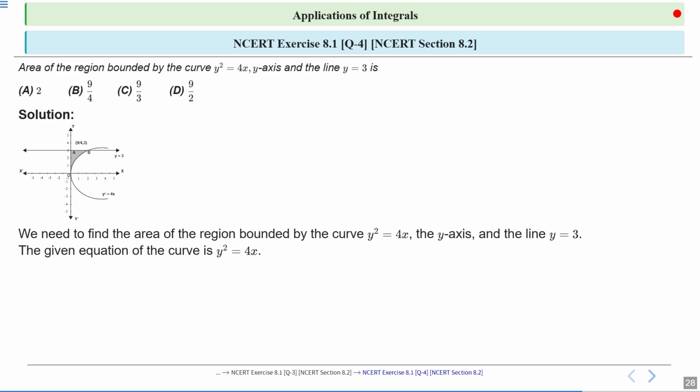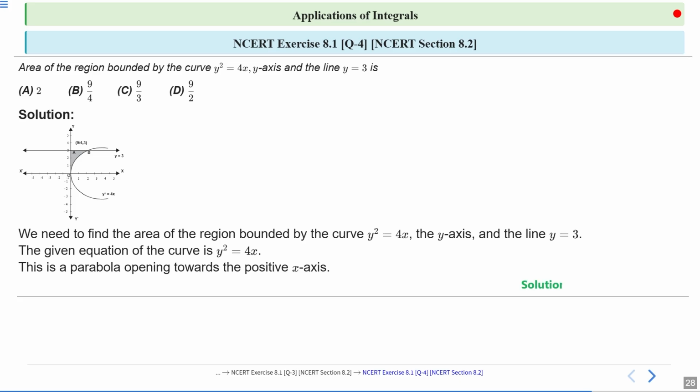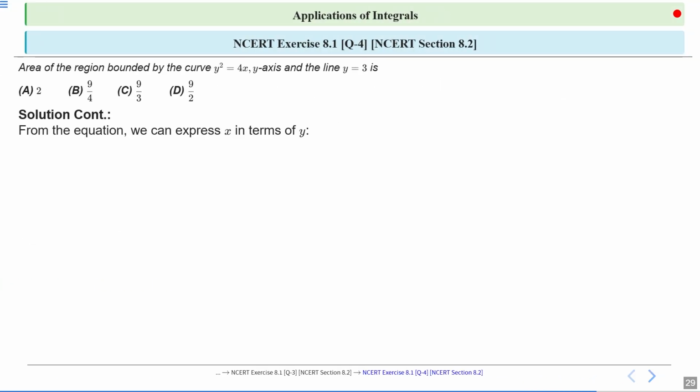The given equation of the curve is y square is equal to 4x. This is the parabola opening towards the positive x-axis. From the equation, we can express x in terms of y. So x is equal to y square by 4, and consider it as equation number 1. As we express x in terms of y, here we take the horizontal strip.